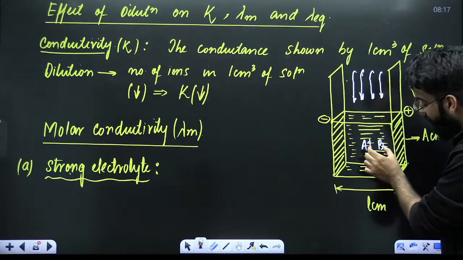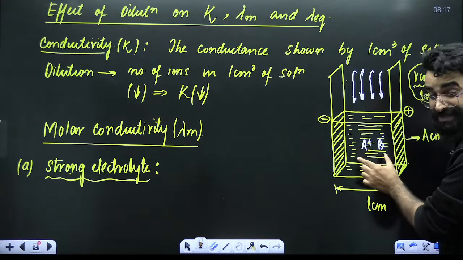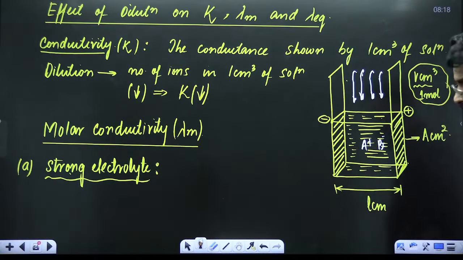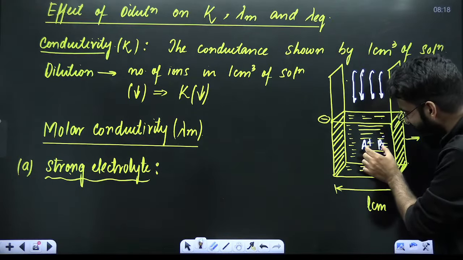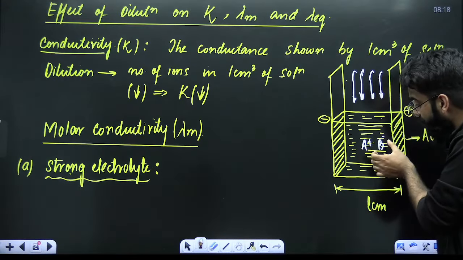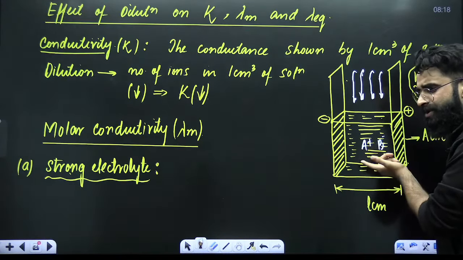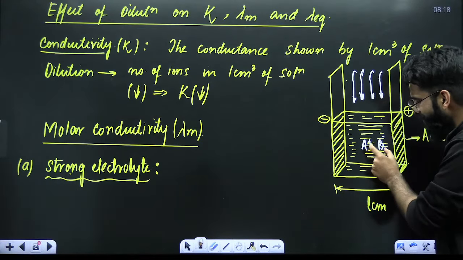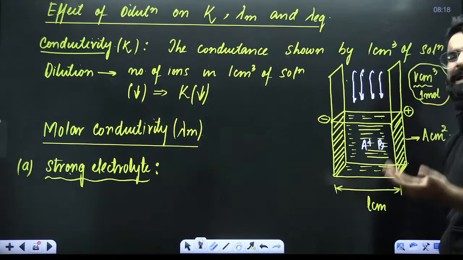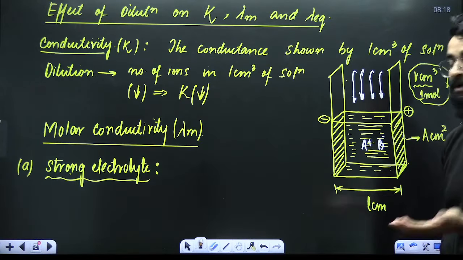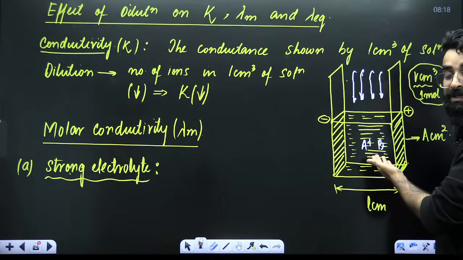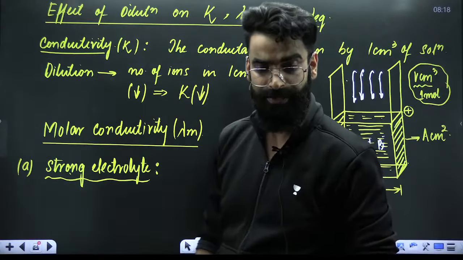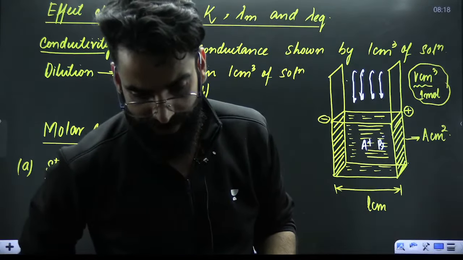And if the distance between oppositely charged ions increases, the force of attraction between them decreases. Since force of attraction between these ions is decreasing due to dilution, the ions will start moving freely comparatively. More the movement of ions, more has to be the molar conductivity. Done and dusted, right? Clear, guys?